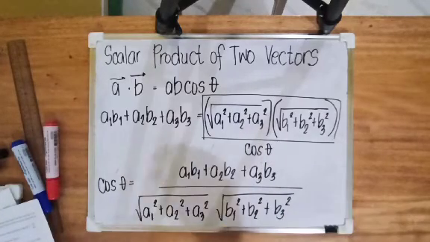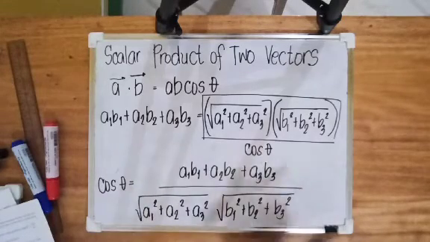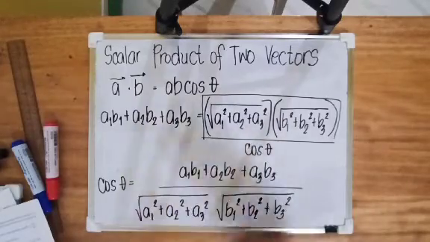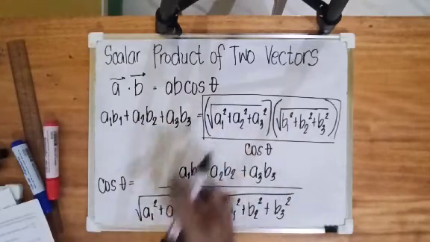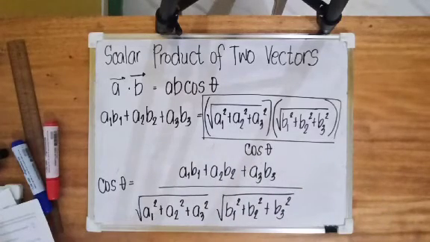And to get the value of our theta, we just simply take the arc cosine of the value that we get on the right side. And that's how you do the scalar dot product.